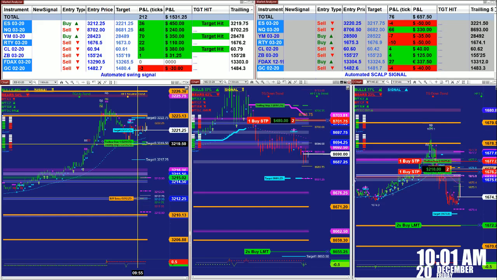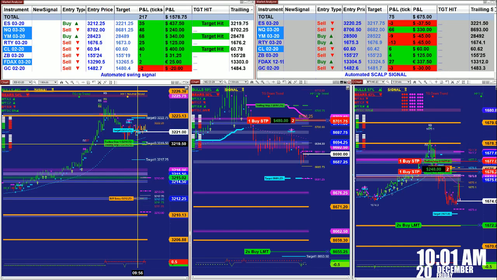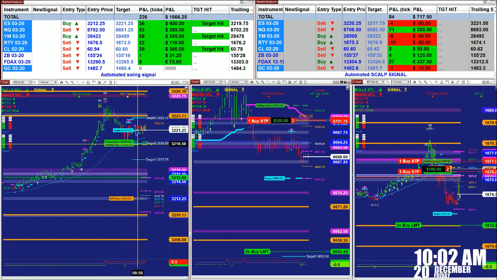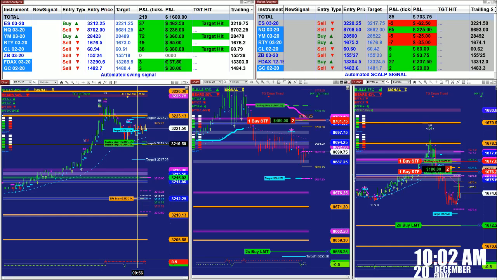So please, if you are auto trading, manual trading, hand trading, whatever you're doing, do not take a short on the ES at the moment, because it's not going to cut it. It is very important to see the ES go below 32.19, and then we will start considering taking a short trade.